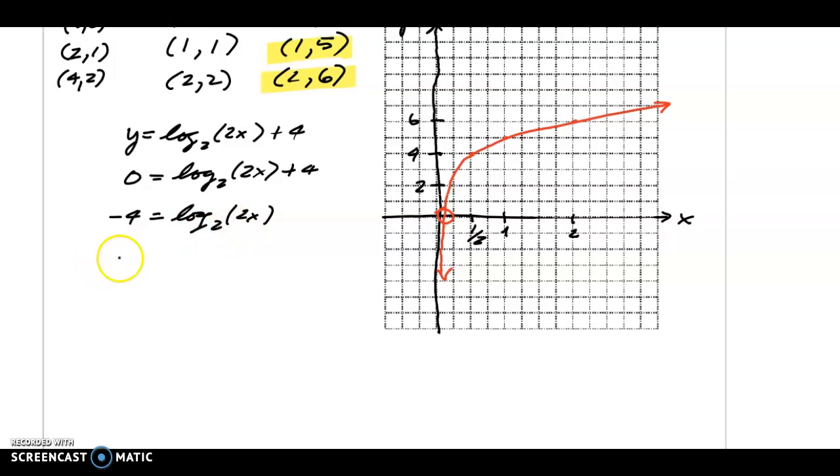So how do I deal with this? I raise everything to the base 2, because remember, the princess is locked in the tower. Remember way back in September I talked about this? Prince or princess locked in the tower. I want to get them out. Well, I have to raise everything to the same base as the log, and that will come out. It does not cancel.